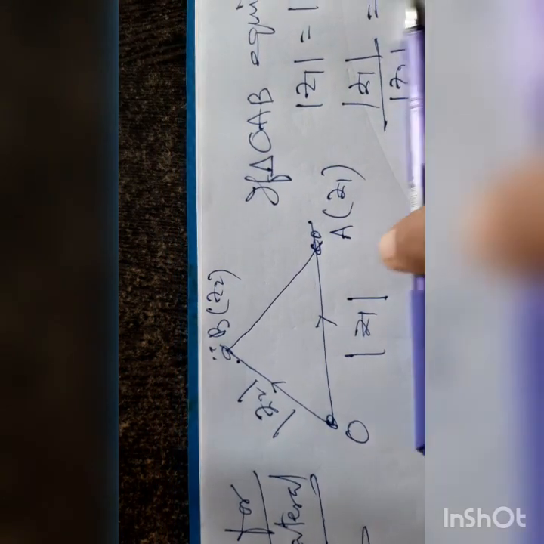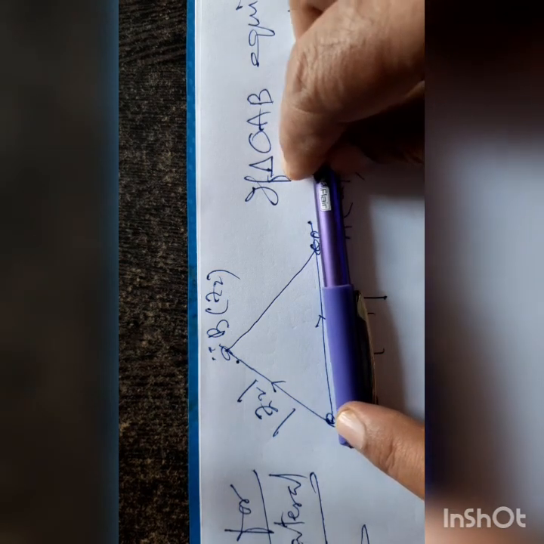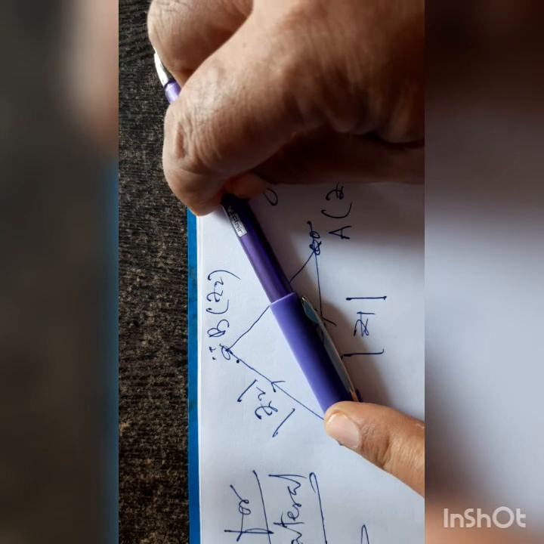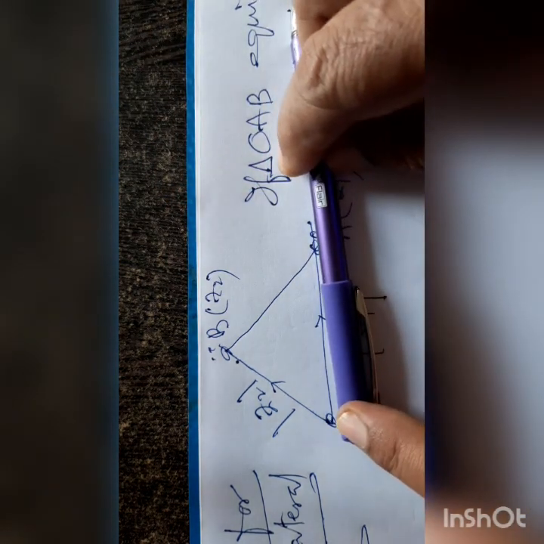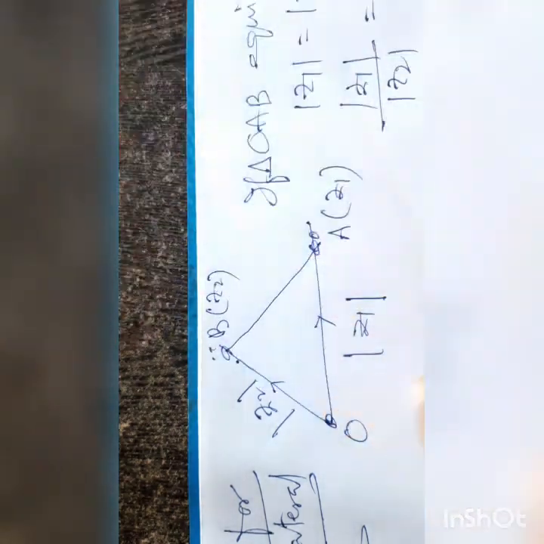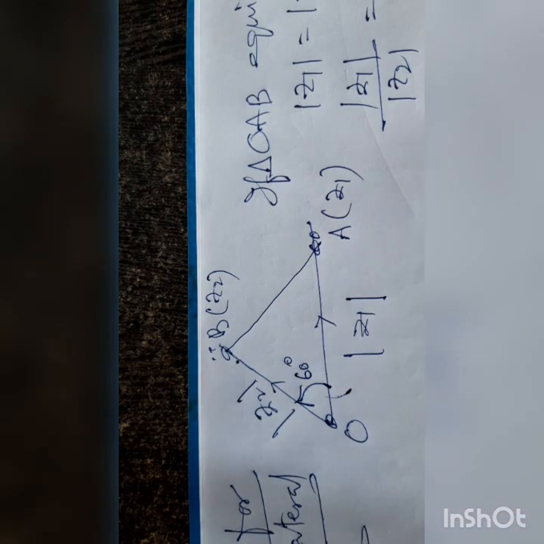Once I told you OA is there, no? In the concept of rotation, I told you, OA rotates in the anti-clockwise direction and makes an angle theta. What is this theta? 60 degrees.